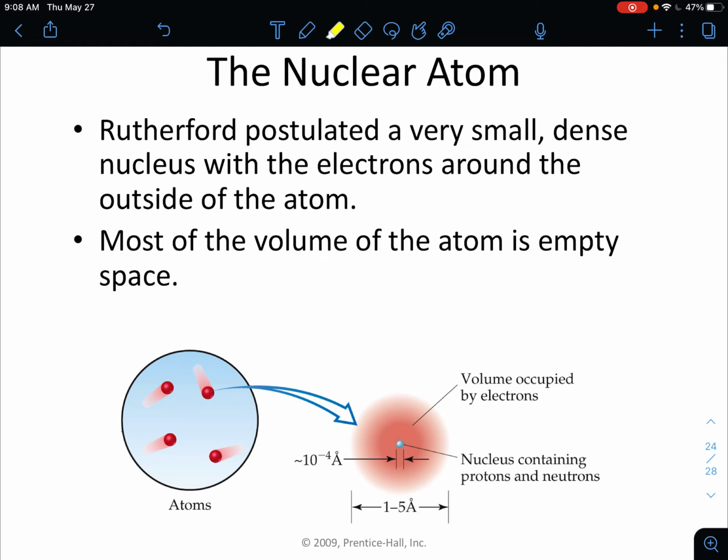Since so few of them were deflected out, Rutherford proposed a very small, dense nucleus where the electrons are circulating around it. So still the case that most of the volume of the atom is empty space. That makes sense because most of the alpha particles went through, but a small number of them encountered the nucleus and were bounced back out at some angle of deflection.